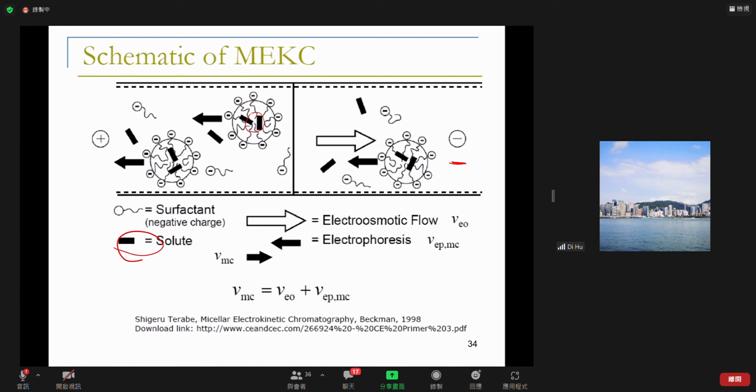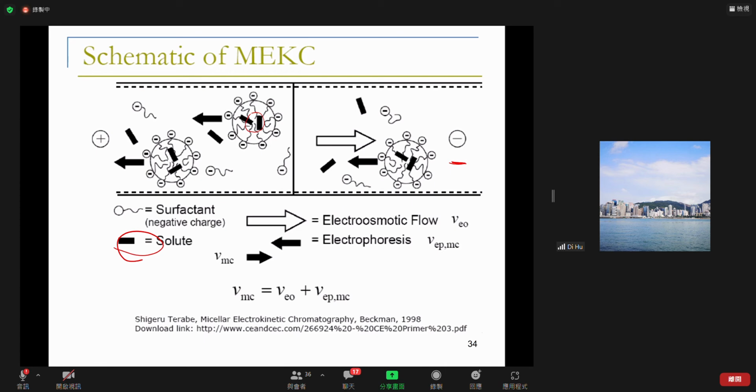Understand? So it will come out late, right? If your compound is very polar and does not partition into the hydrophobic core of the micelle at all, it is 100% dissolved in the mobile phase. It travels with the bulk phase, comes out of the column fastest, and goes together with the EOF.